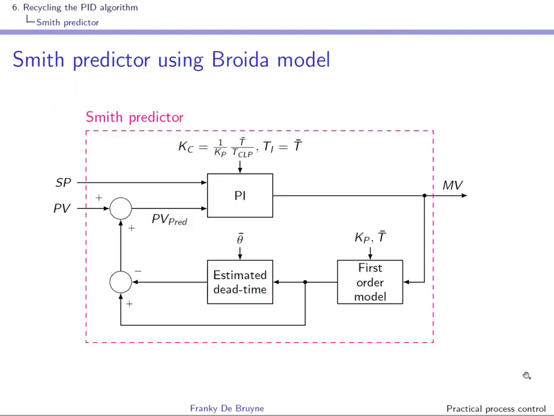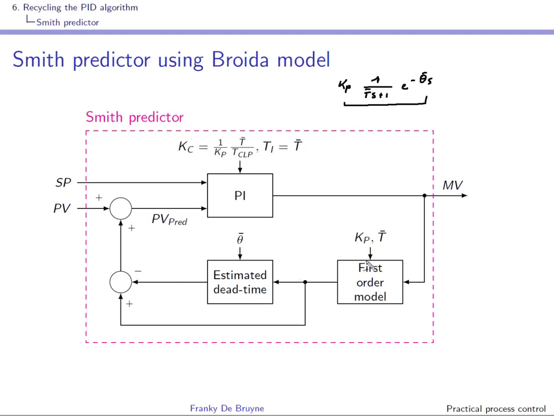In summary, if the actual system is a lag system, so several first order systems in series, and you have used a step response and the graphical methods to obtain a Broida model, Kp 1 over T bar S plus 1 exponential of minus theta bar S, then you can implement the Smith predictor as follows.